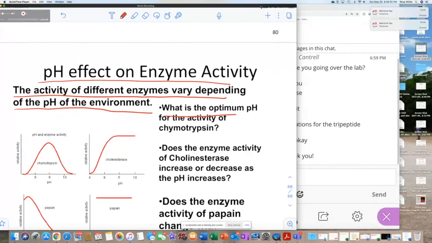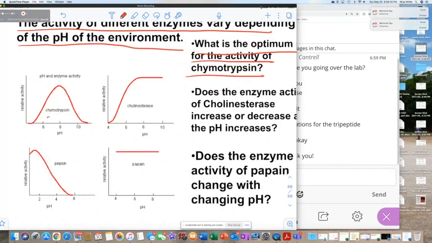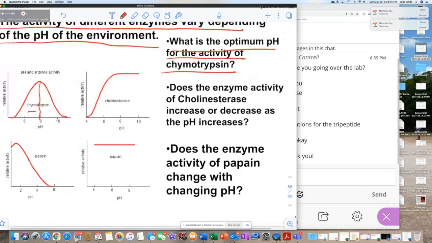So what is the optimum pH for the activity of chymotrypsin? Where's chymotrypsin? Oh, right here. The optimum pH I'm thinking is around a pH of 8. Does the enzyme activity of cholinesterase increase or decrease as the pH increases? Actually, at first as the pH increases, activity increases, and at some point, maybe around 7 and above, the activity does not change.